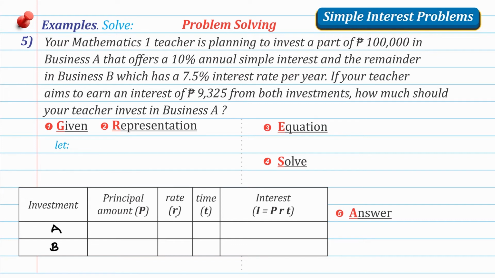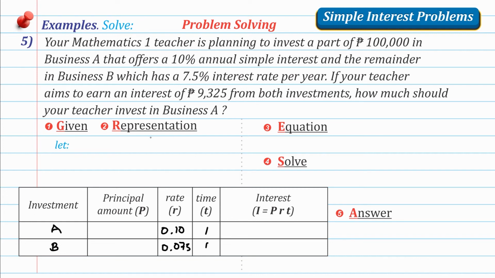Now, next, the rate is 10% or 0.1 or 0.10, doesn't matter, for investment A, as you can see here. And investment B is 7.5%. Be careful here. It's 0.075. That's 7.5%. Of course, it's usually 1 year. Now, the very important principal amount.